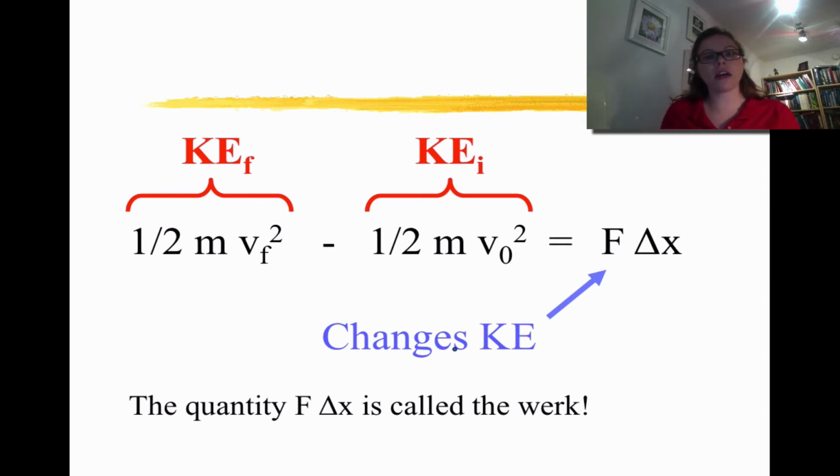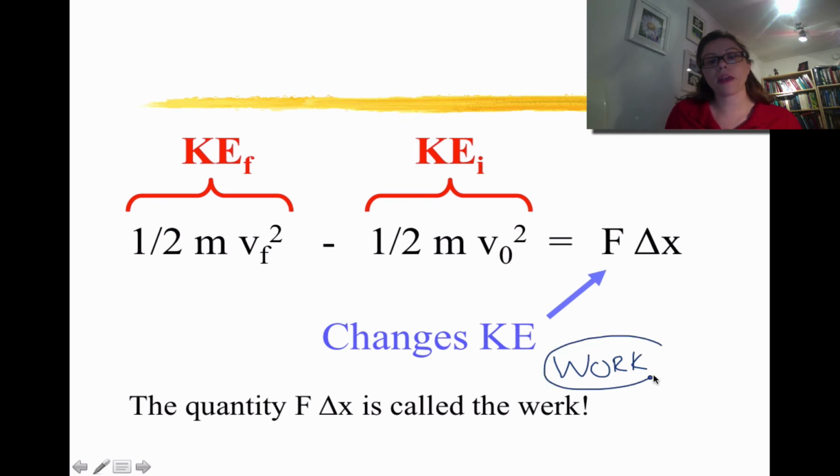Now, if you are going to look this up on the internet, it's really called work. But we use work in our vernacular so much. I'm doing homework, I'm going to go to work, this is a lot of work. But work in physics has a very, very specific meaning, even an equation.